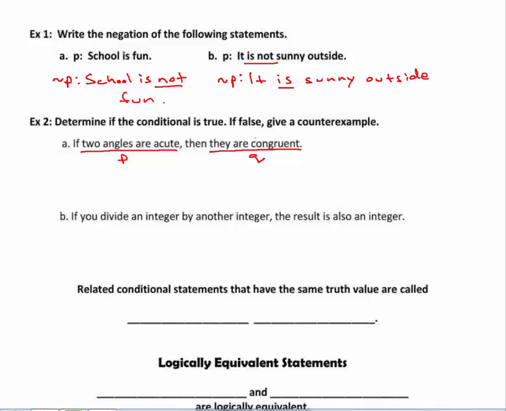Well, that's not fine, because we could have an angle that's 20 degrees, an angle that's 30 degrees. Both are acute, which makes the hypothesis true, but they're not congruent, which makes the conclusion false. So this is a false conditional. Our counterexample would be right here, 20 and 30 degrees.